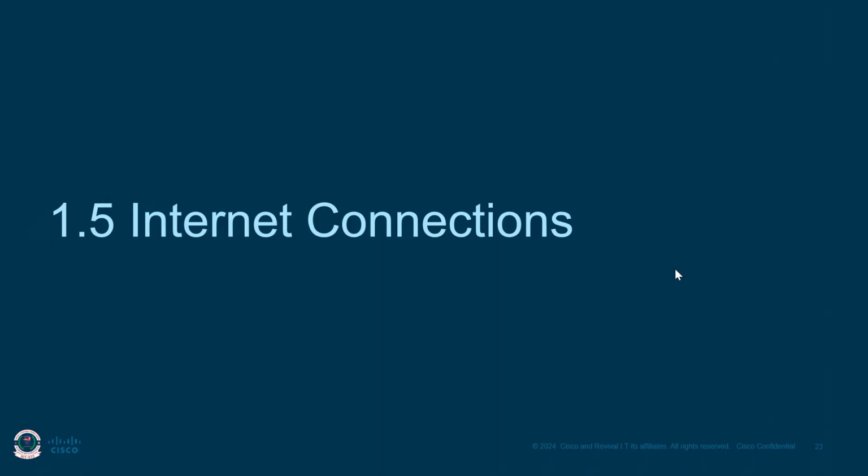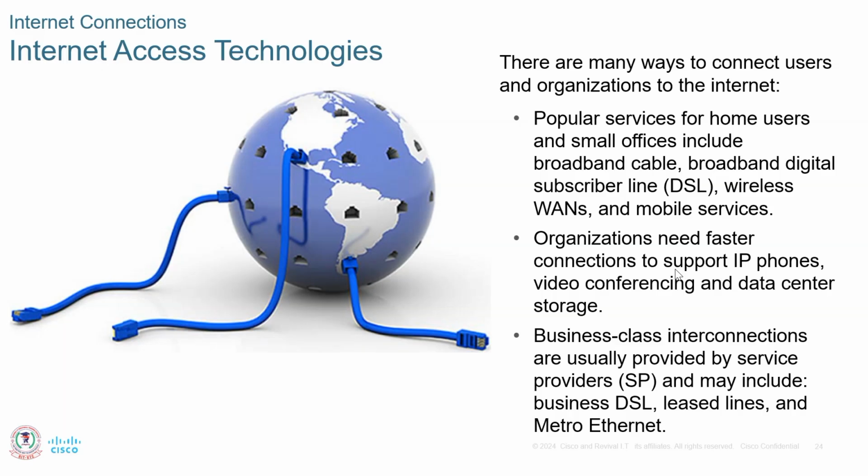Internet connection. So for internet connection, there are many ways to connect users and organizations to the internet. Popular services for home users and small offices include broadband cable, broadband digital subscriber line, wireless WAN, and mobile services.